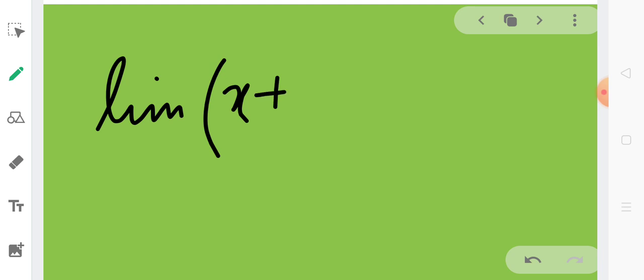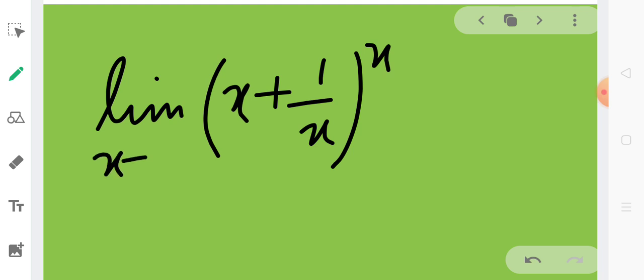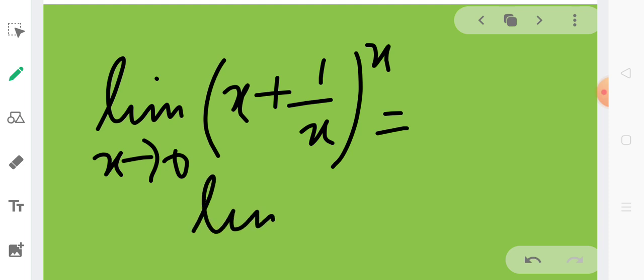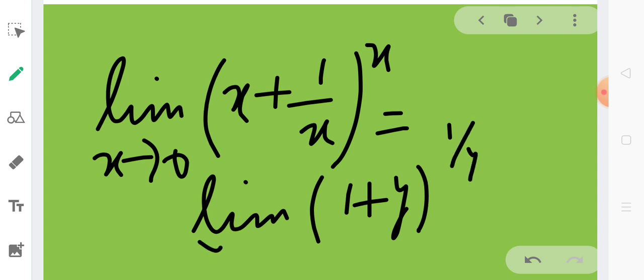Last of all, limit of (x plus 1 by x) to the power x, where x is tending to 0, is equal to limit of 1 plus, let me write it down separately, that is equal to e, and the value of e is 2.718.